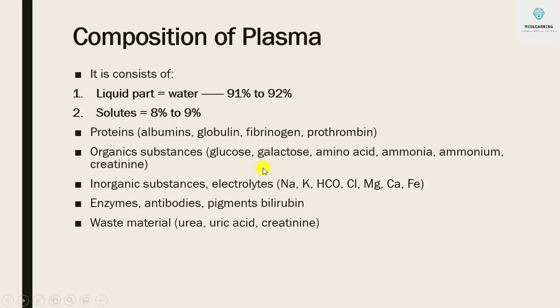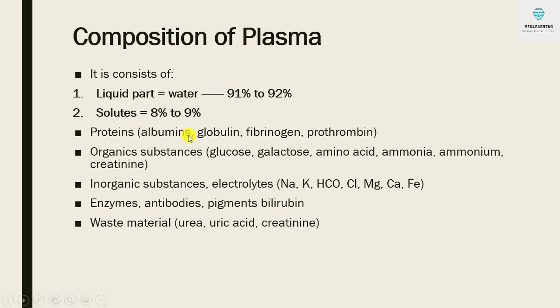First we have proteins. Proteins are major components of plasma, and the proteins which are abundant are albumin, globulin, fibrinogen, and prothrombin. These two help in clotting. They are very important in the clotting cascade, and these two are the proteins which carry different substances or glucose.